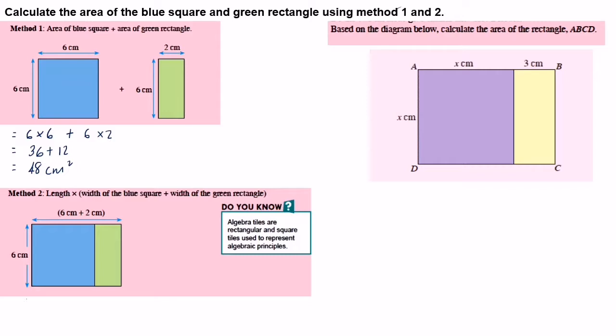So 6 times 6 plus 2. Okay, so now if you expand the bracket, 6 times 6 plus 6 times 2 equals 6 times 6 plus 6 times 2.